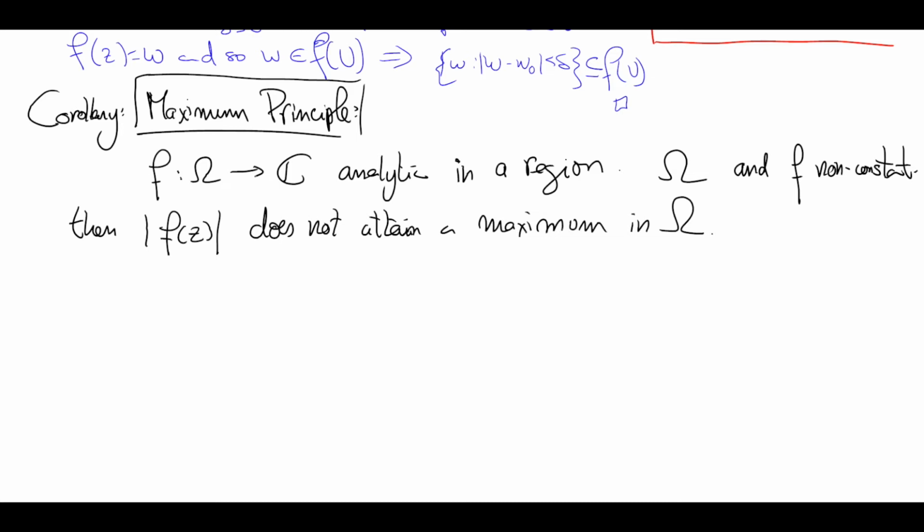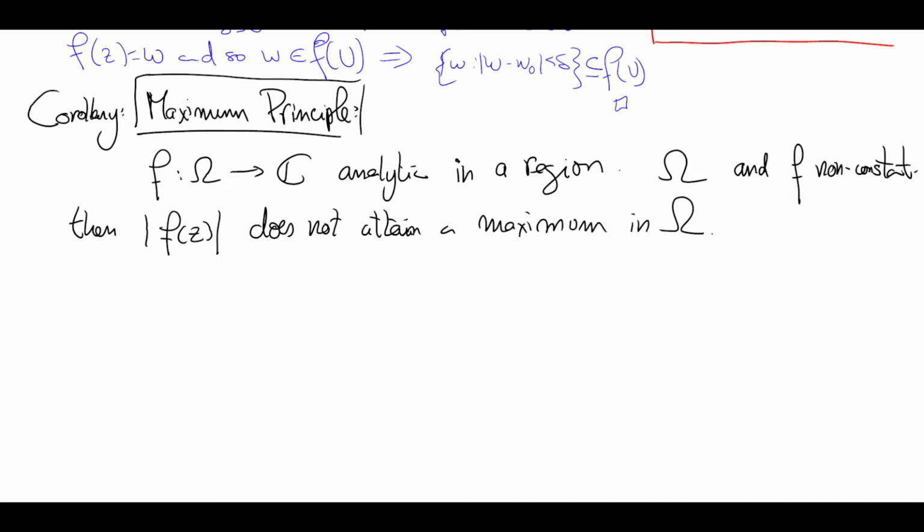Someone asked if I'm talking about global maxima. Very good question. So let's think about this a little bit together. The theorem is: for a region, and f non-constant, the absolute value of f does not attain a maximum in omega. Here I mean a global maximum, that there is no point in omega that is bigger.